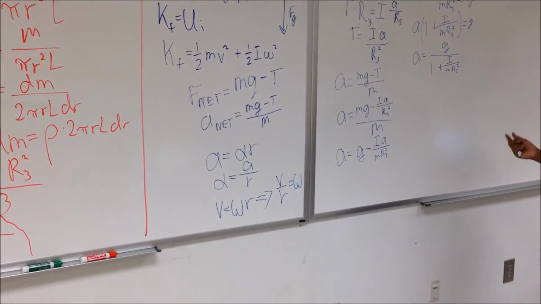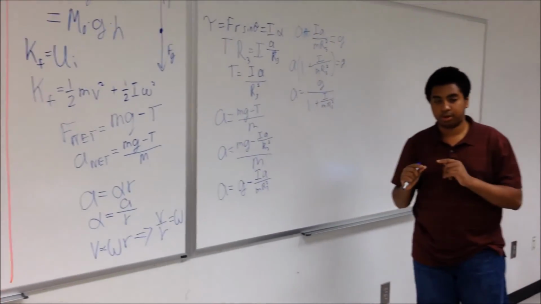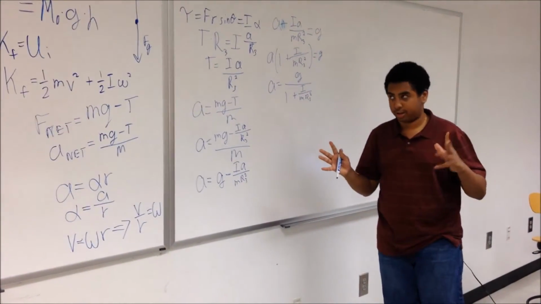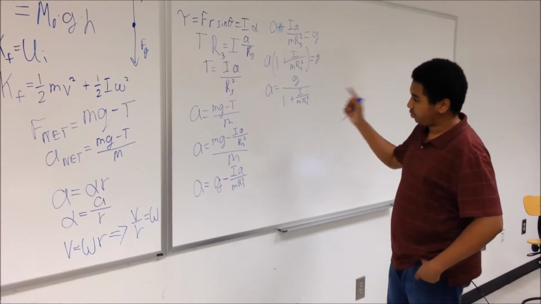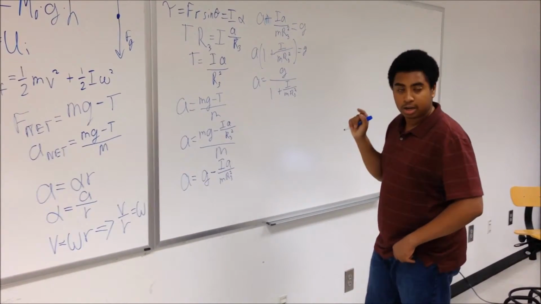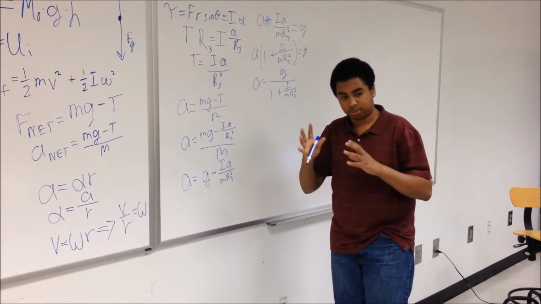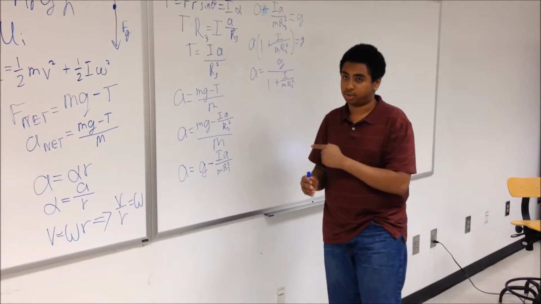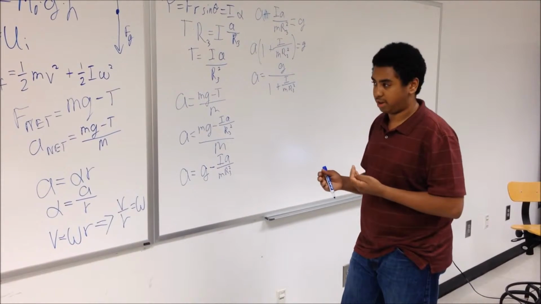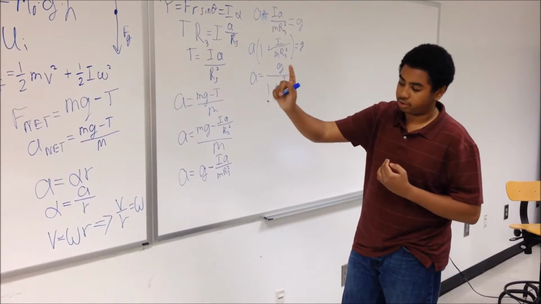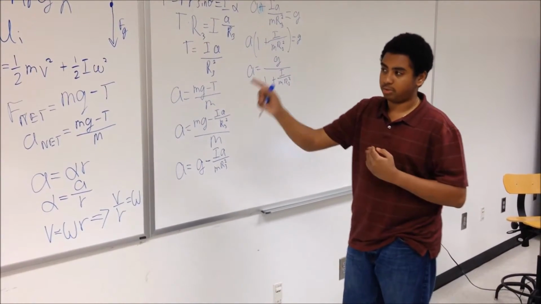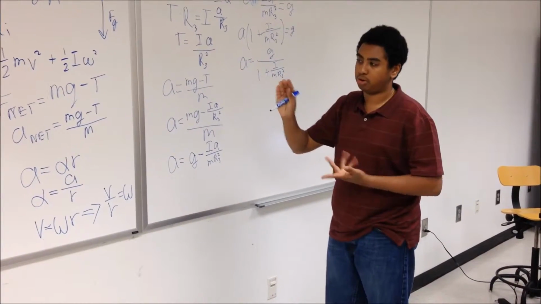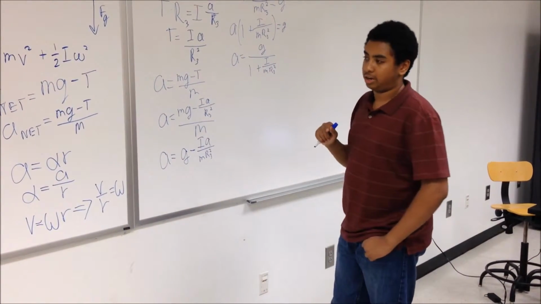And remember, we're considering only the inner cylinder accelerating at this point, and the moment of inertia is the entire thing. So we have a, and we know that because of the particular situation, the acceleration is constant. So we can use our kinematics equations to find the velocity. We can use the velocity to find angular velocity, and we can get a more proper equation for kinetic energy.